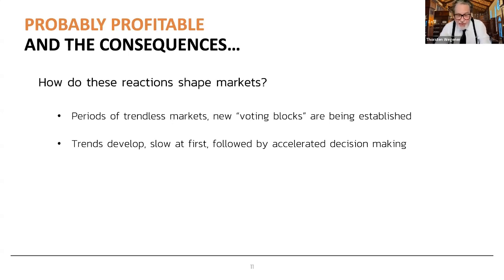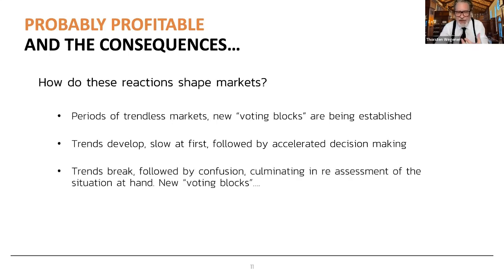And they are willing to bear the consequences. If not, they leave the market, go into other sectors or don't do anything. But all these observations give me real, reliable data. And this reliable data, I obviously use to make investment decisions, following especially on the peak points when trends break, followed by confusion, culminating in reassessment of the situation at hand, and new voting blocks are being established.